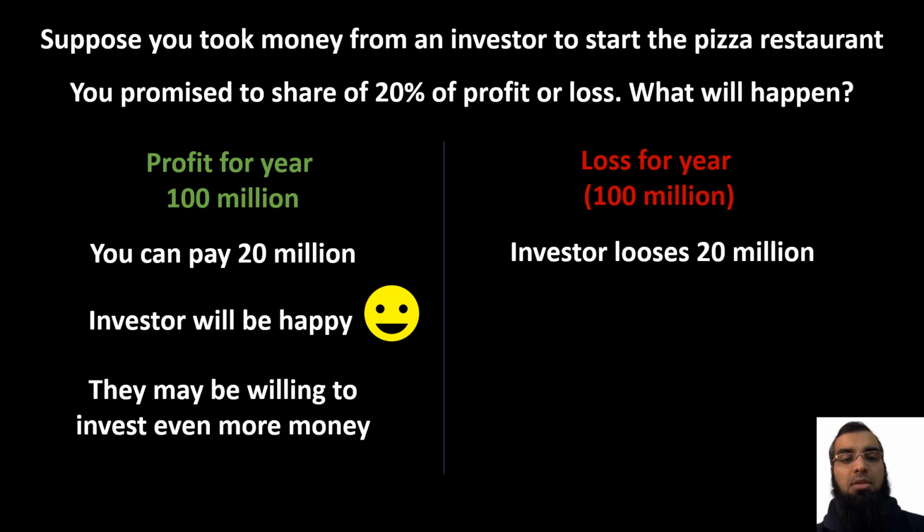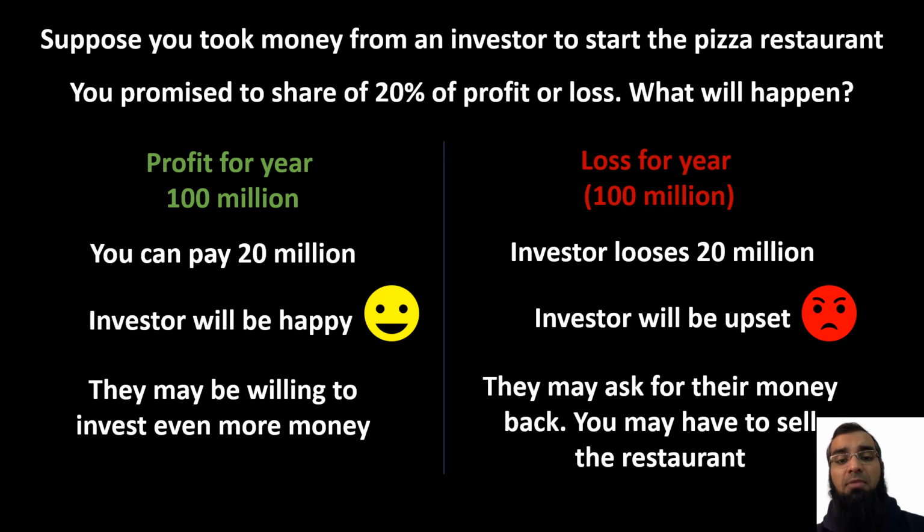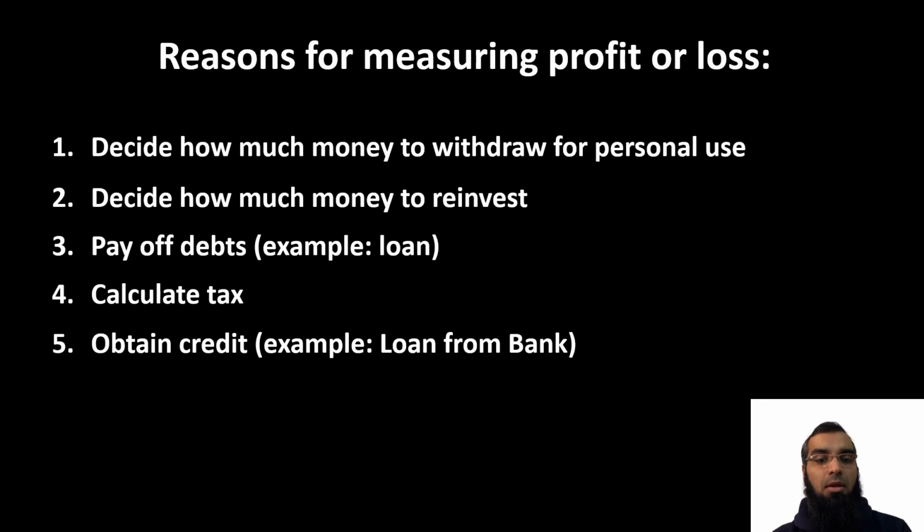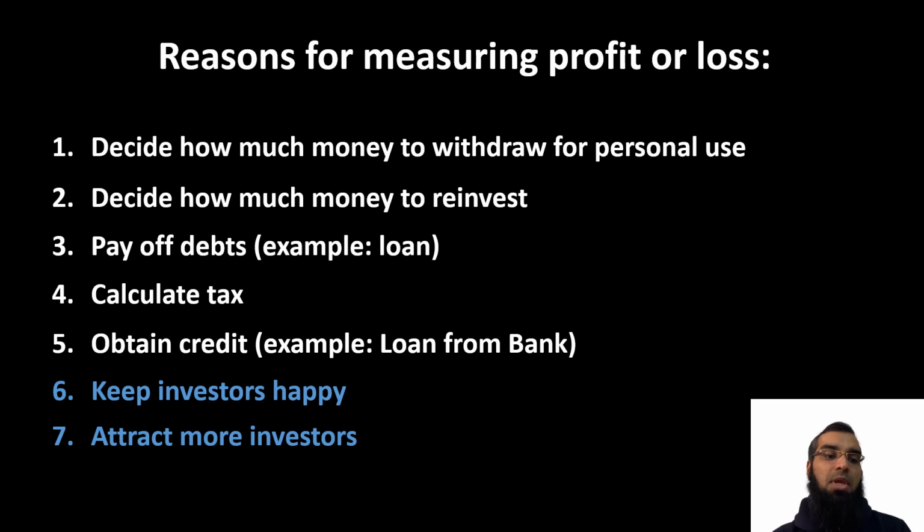But if we actually make a loss of 100 million, the investor also loses 20 million of his money. Now the investor will be upset and may even ask for his money back. We may even have to close down the restaurant to pay them back. So you see, measuring profit or loss is important to keep investors happy and to attract even more investors.